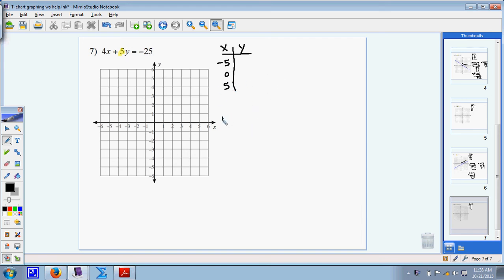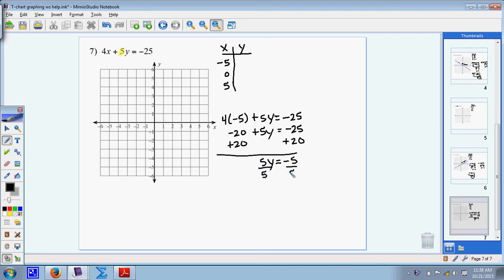Again, I have 4 times -5, because that's the x value, plus 5y equals -25. So it gives me -20. So if you notice, it's a repeat of all of the information we've been doing with solving equations and so on. It's just how do you solve it if you don't have your numbers? And that's how you're picking these numbers here. So I've got a 5y is equal to a -5.